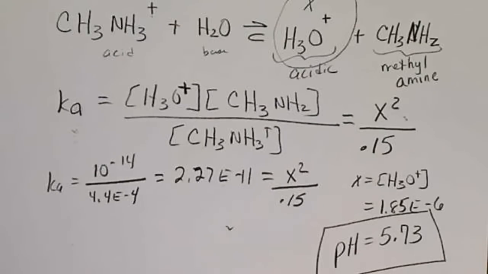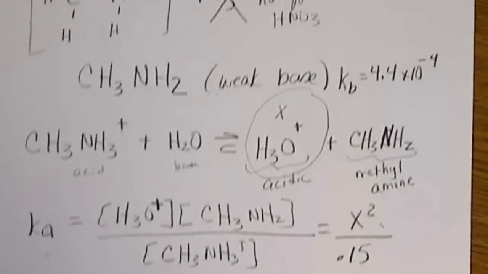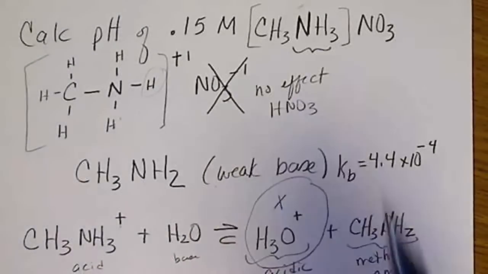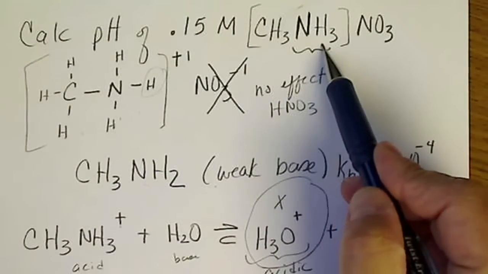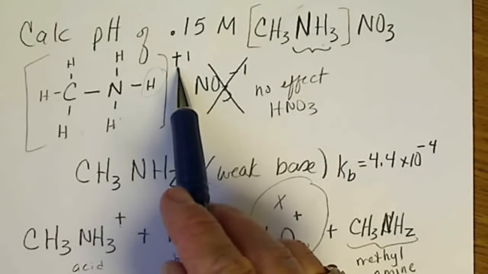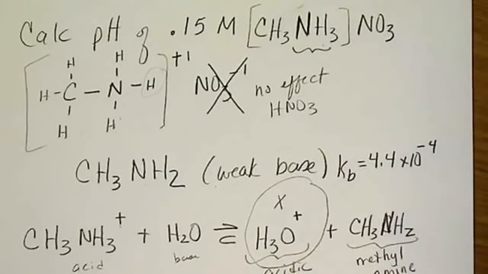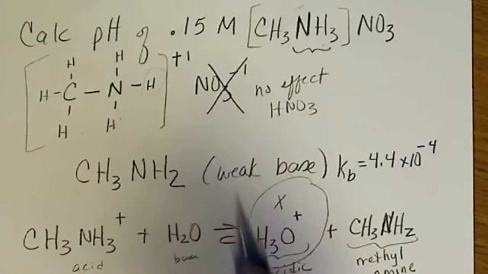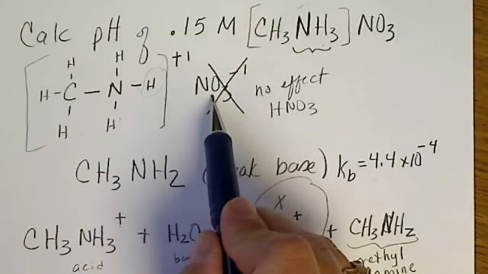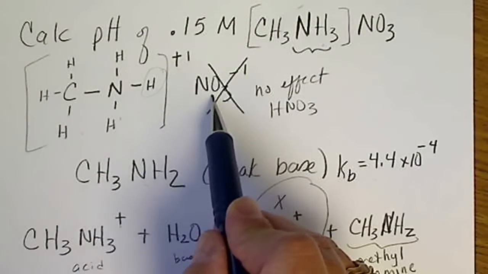And again, the conjugate acid of a weak base, when it is in the form of a salt, the positive ion will make the solution acidic as long as the anion of the salt is the conjugate of a strong acid.